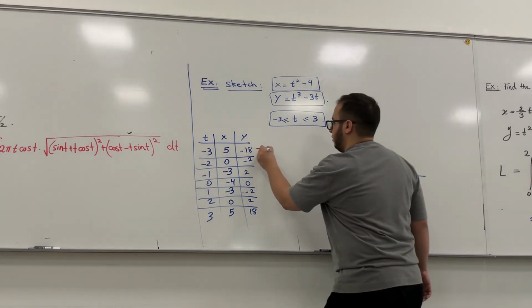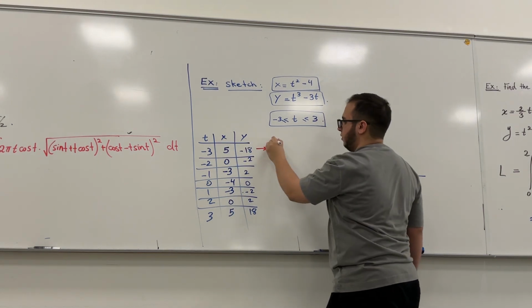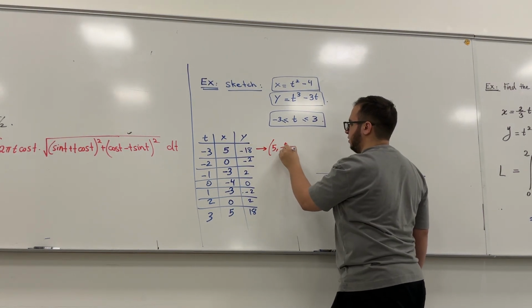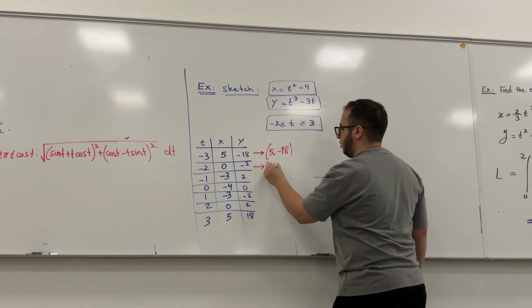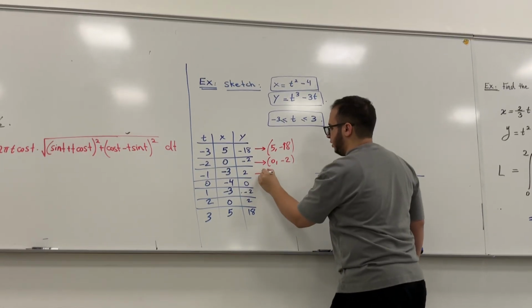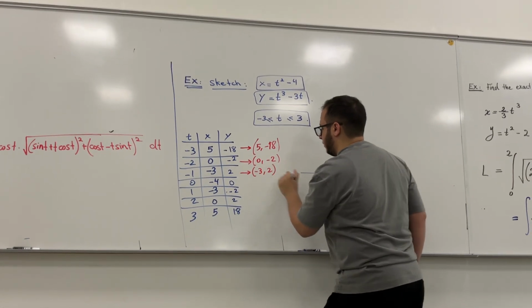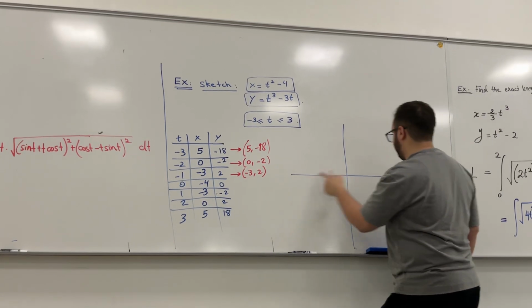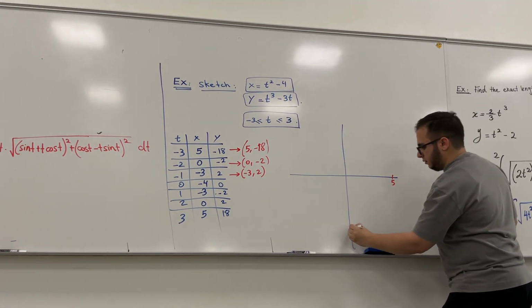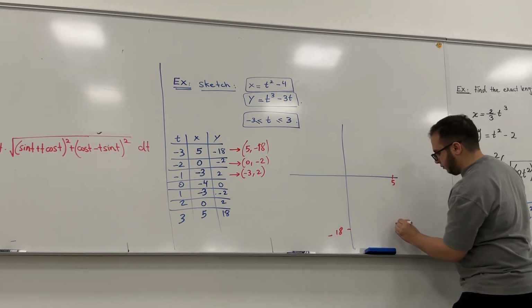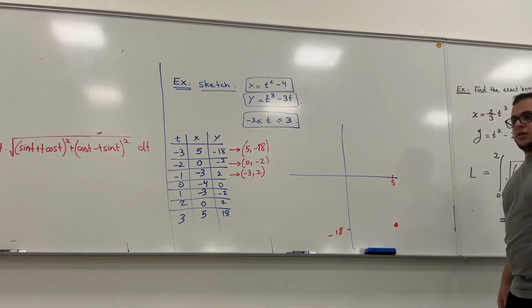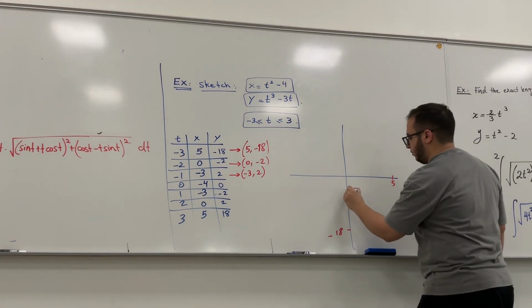You don't care about the t now. You plug the 5 and -18, then the 0 and -2, then the -3 and 2, so 5x and -18y, 0x and -2y, and so on.